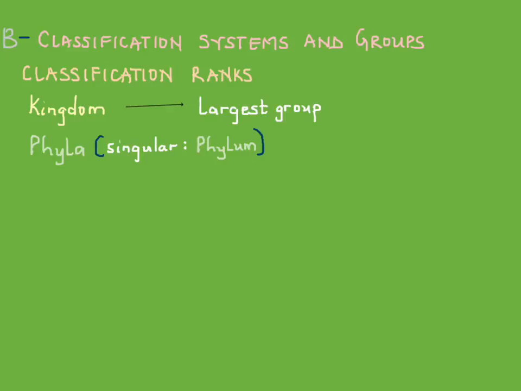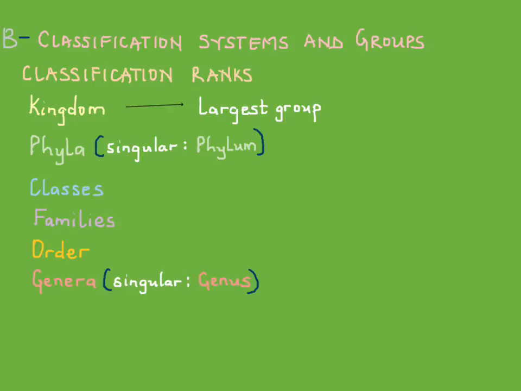The subgroups of phylum are classes. Classes are further subdivided into families. Families are subdivided into orders. Orders are subdivided into genera.